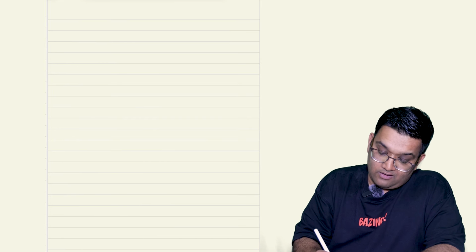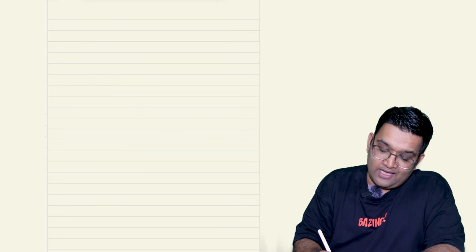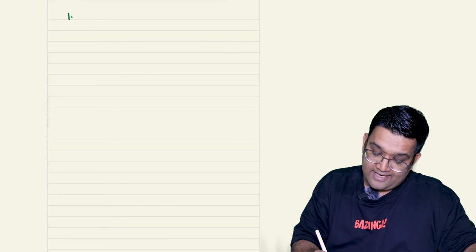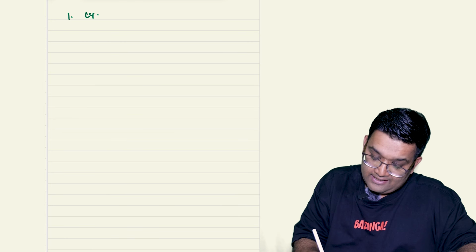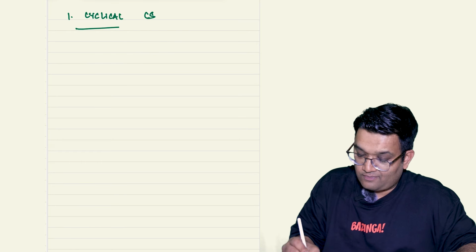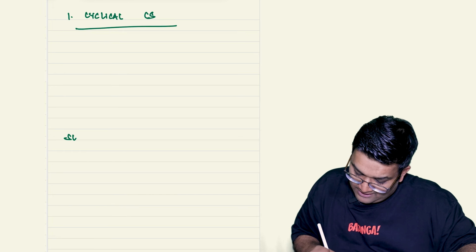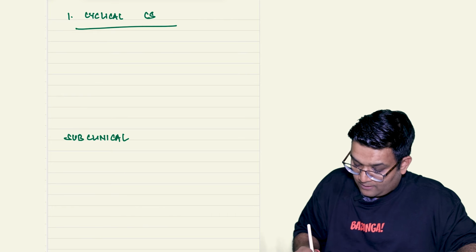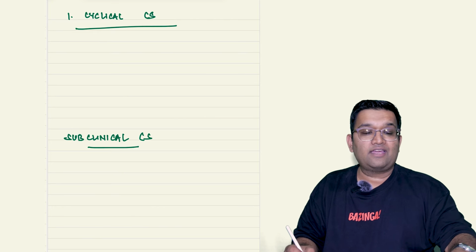Now, after coming to this, we have certain variants of Cushing syndrome, such as cyclical Cushing syndrome and subclinical Cushing syndrome. So what are they?